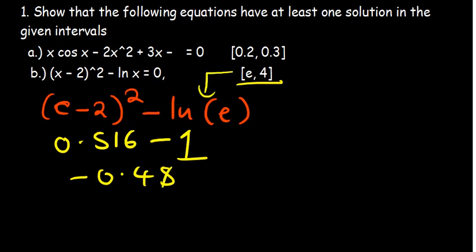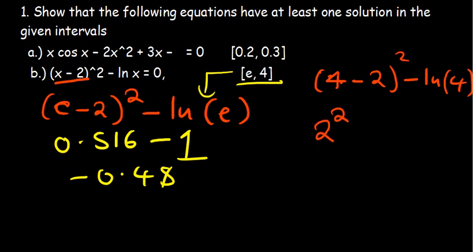What about if you try to put a 4? If you put a 4 there, it's going to be 4 minus 2 squared minus the natural log of 4. 4 minus 2 is 2, so it is 2 squared minus the natural log of 4.